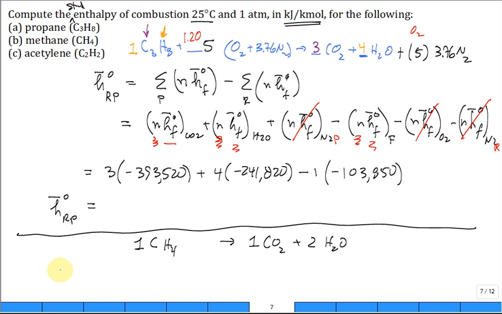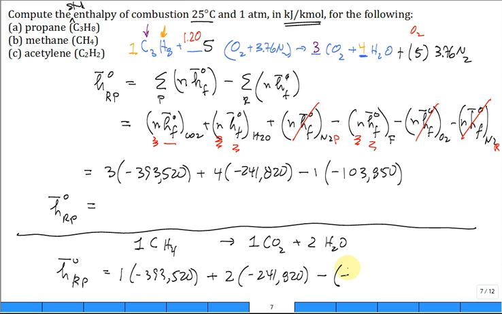And so for the methane, it would be 1 times negative 393,520 plus 2 times negative 241,820 minus, and for the methane, let me look it up quickly, negative 74,850.